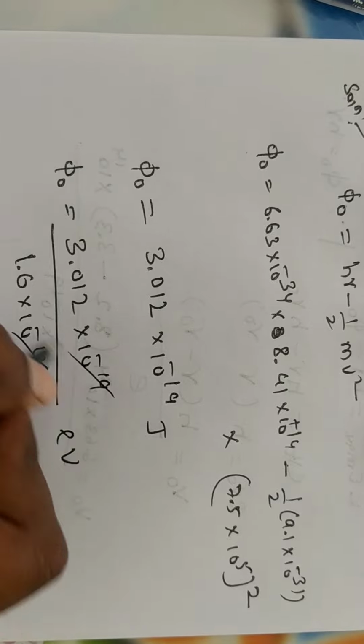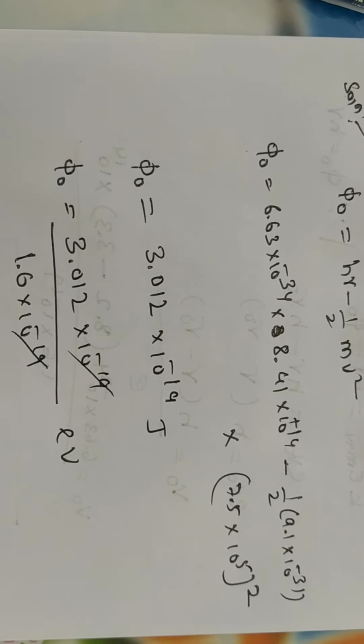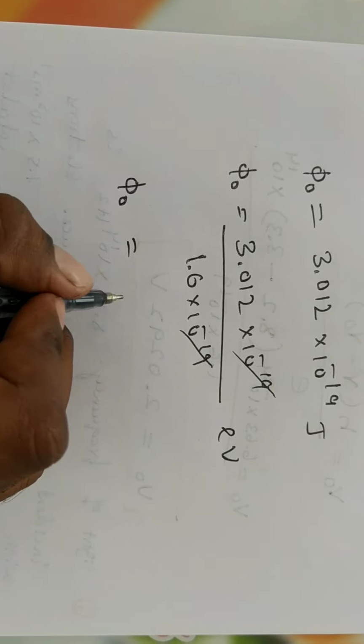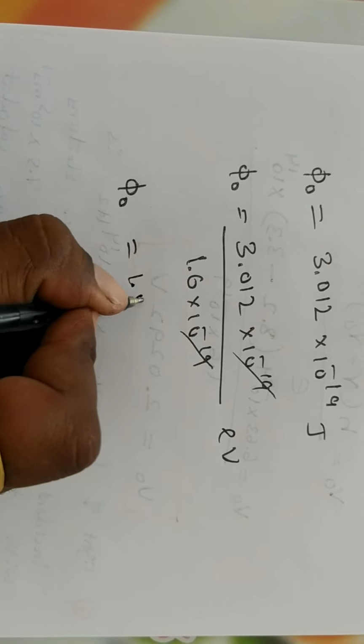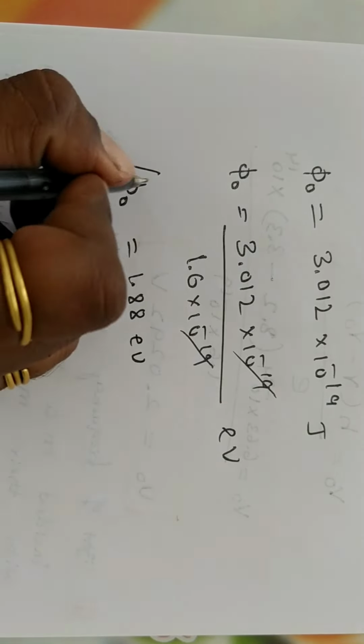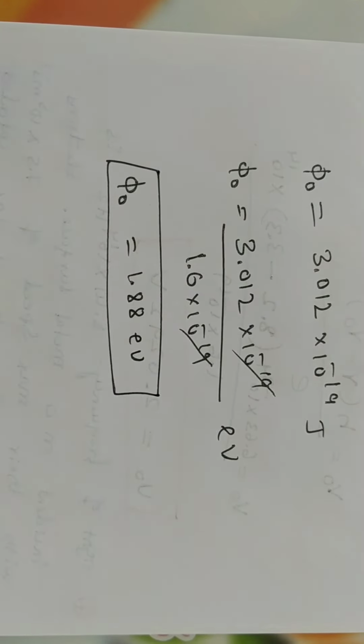Okay, these two cancel. Phi naught is equal to 1.88 eV. This one is the work function. Over.